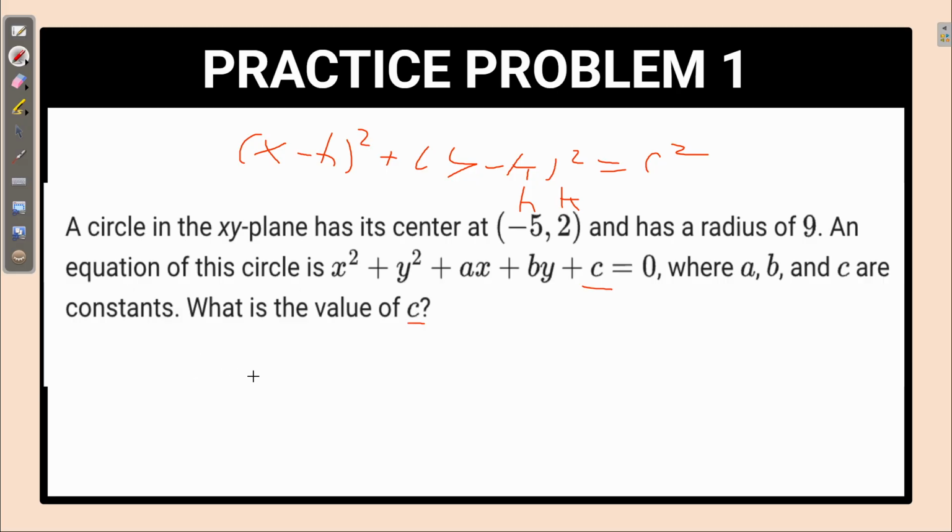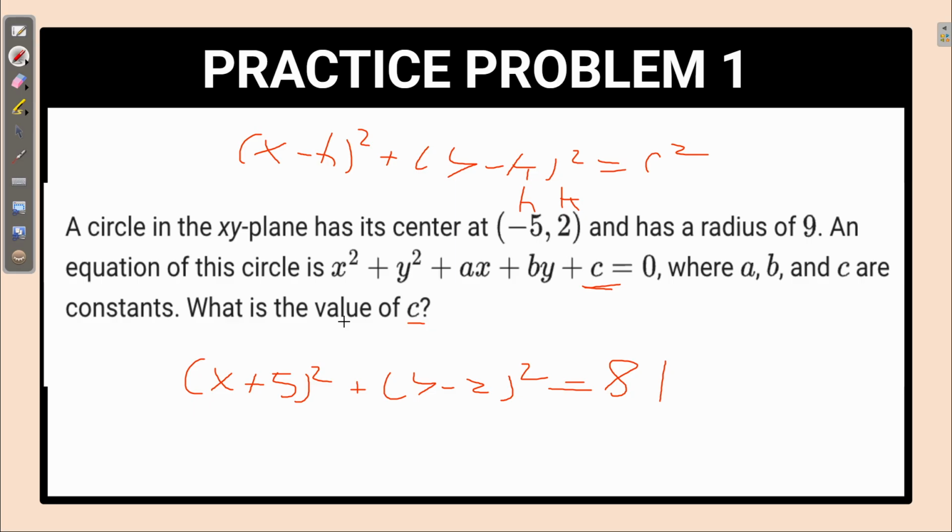Knowing this, how do we find this version of the equation of the circle? Well, x minus negative 5 is just x plus 5. So we can start with x plus 5 squared. And then y minus 2 is just y minus 2 squared. And then our radius is 9, so what's that squared? Well, 81. Now, to find this, you're going to have to expand all of these terms. But we're really only interested in the value of c, which by itself is just a constant, so there's not going to be any variables.